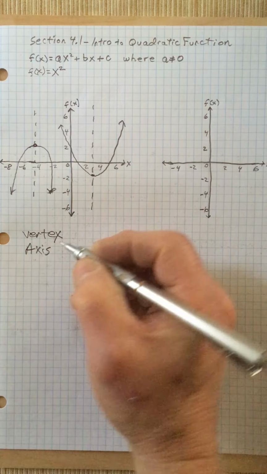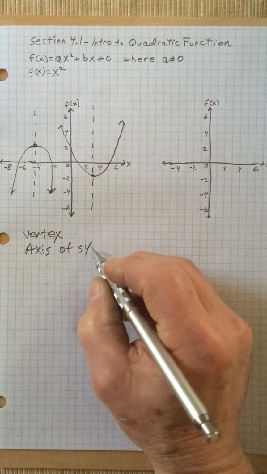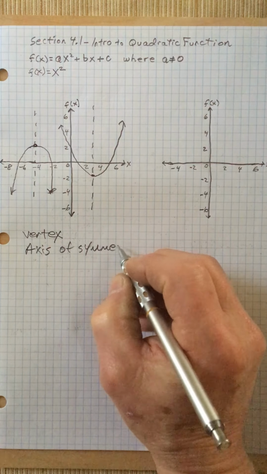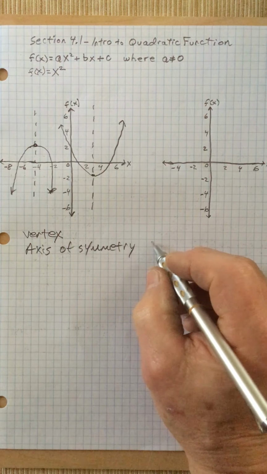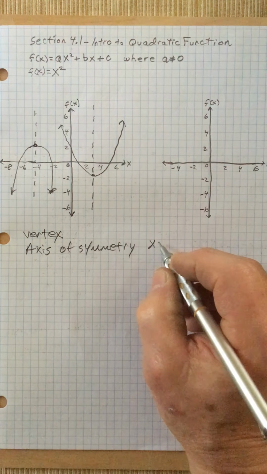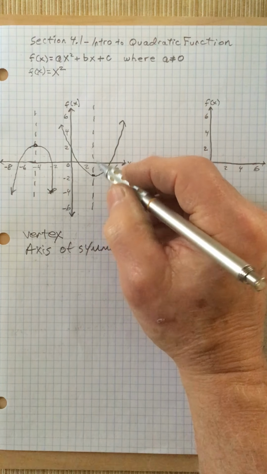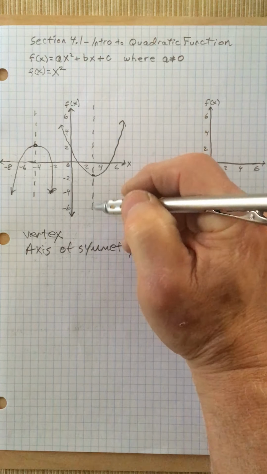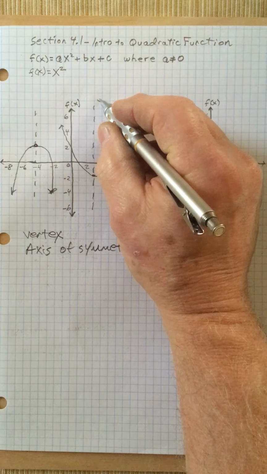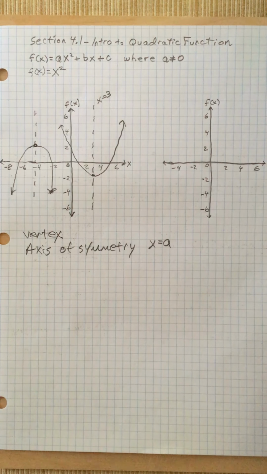The book uses the word axis. And that is just the equation of a line where x equals a. So for example, here it would be x equals 3. That's the equation of this line right here, which happens to be the axis of symmetry.